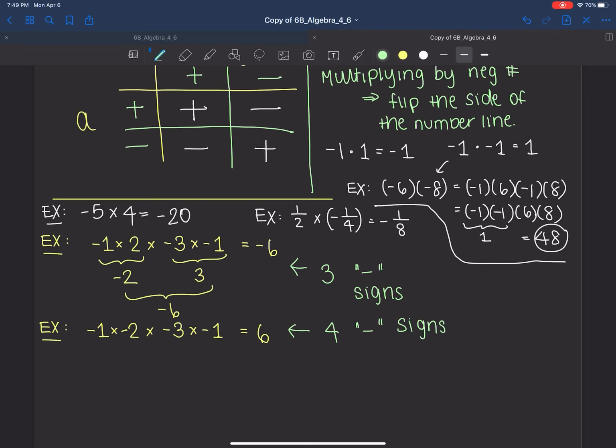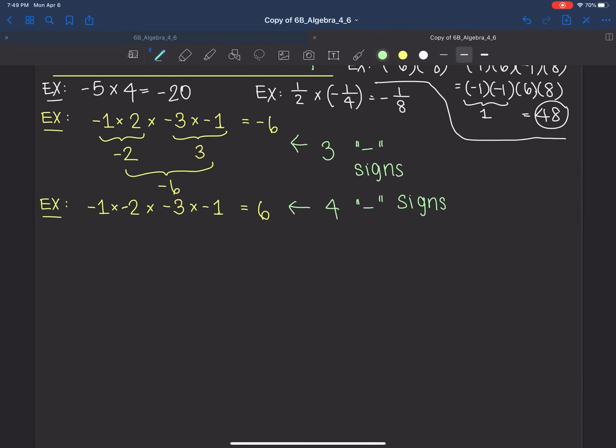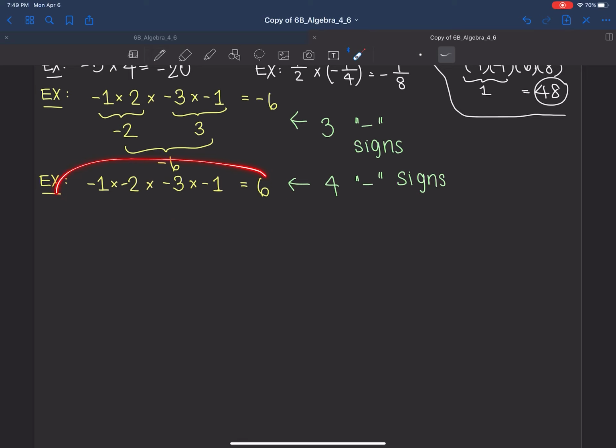And this lets us, if we work through more examples like this with multiple factors, we can see a pattern starting to emerge. So as a general rule, I want to make this green.